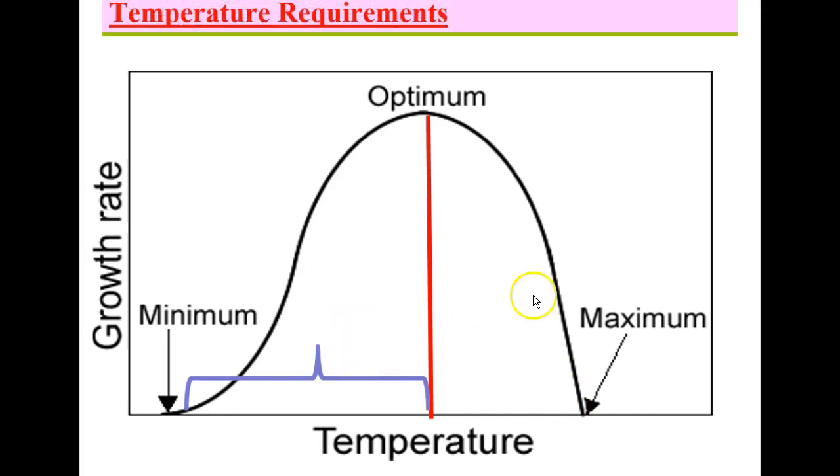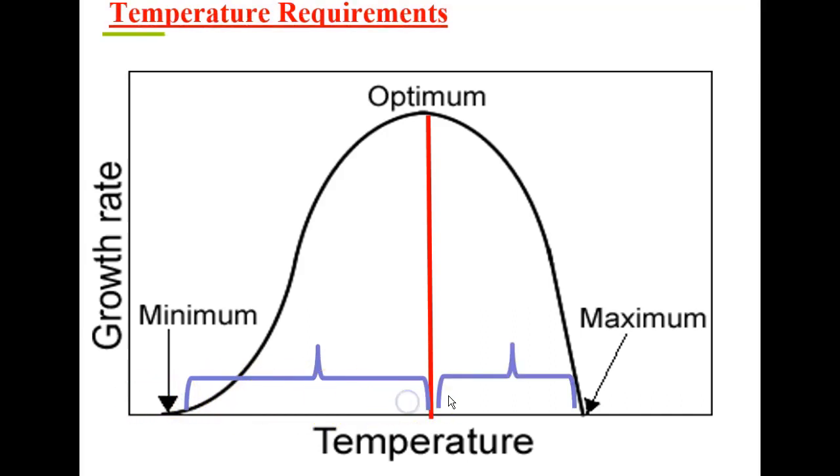Also notice that the curve is skewed, meaning that the optimum temperature, or the peak of the curve, is closer to the maximum temperature of growth than to the minimum temperature. Between the optimum growth temperature and the minimum growth temperature, there is a larger range of temperatures than between the optimum temperature and the maximum temperature.